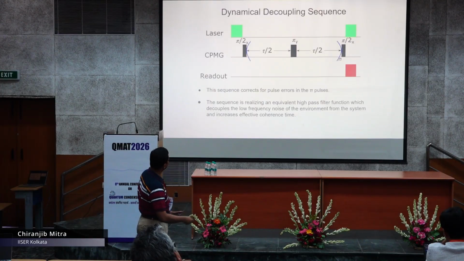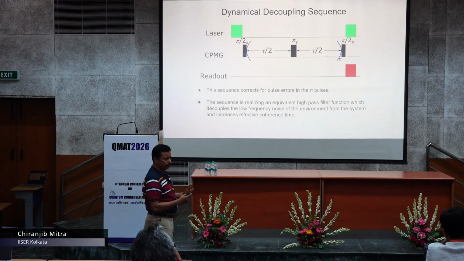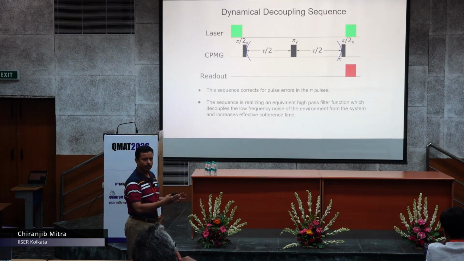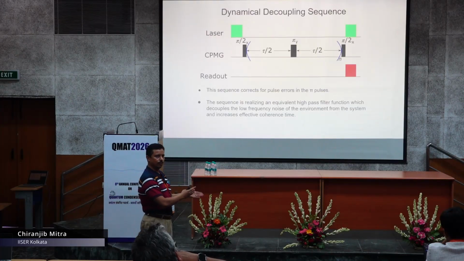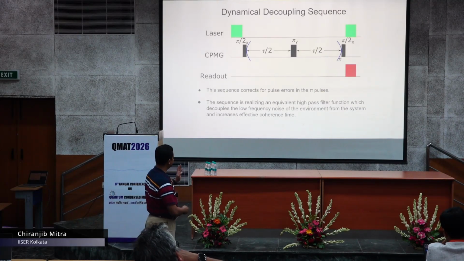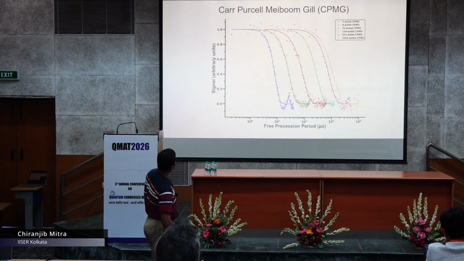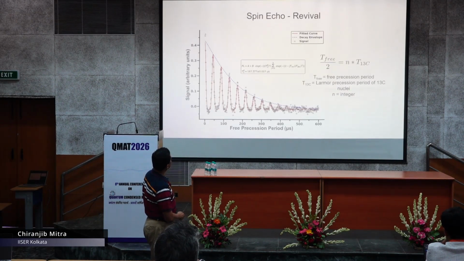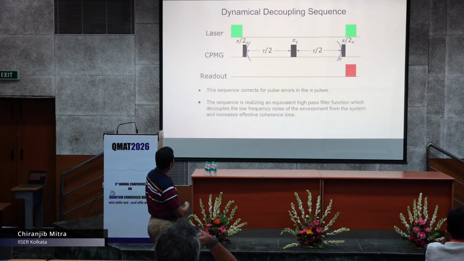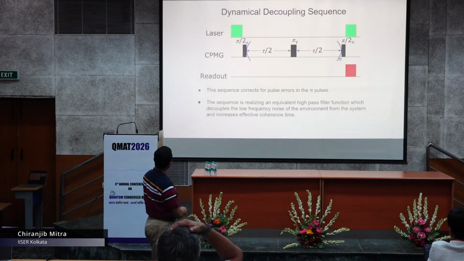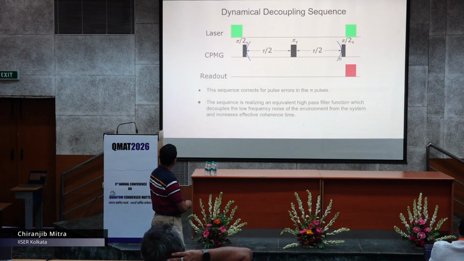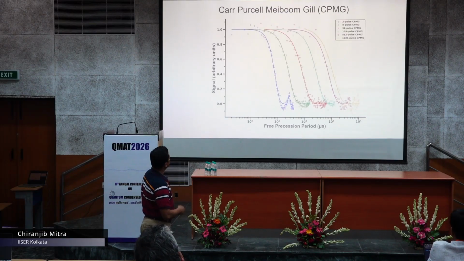Most of the noise is low frequency, and because it's a high pass filter, it is able to screen out most of the noise in my system. Now for the rest of the talk, let me just show the data first. This pulse sequence is called CPMG, Carr, Purcell, Meiboom and Gill.